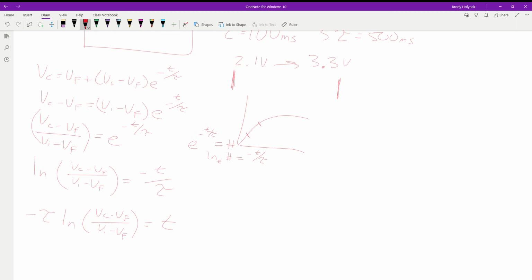All right, so what is the time that we have at 2.1 volts? Point what? Milliseconds. Okay?